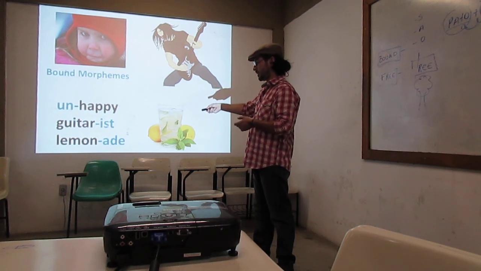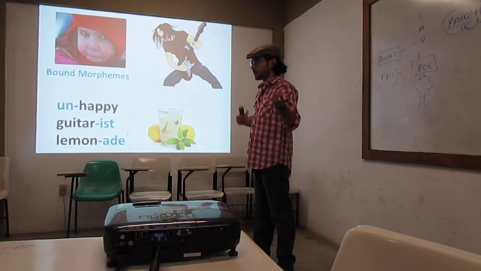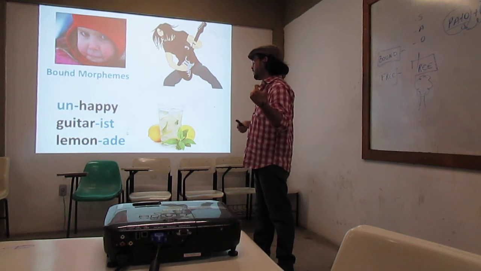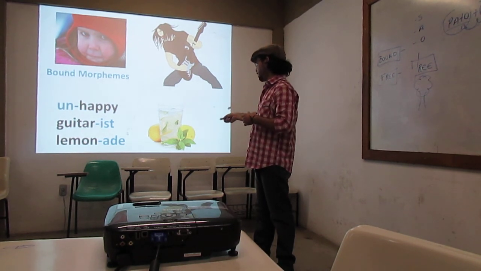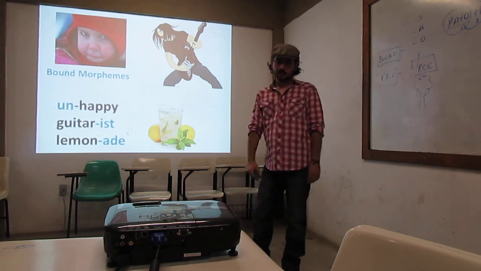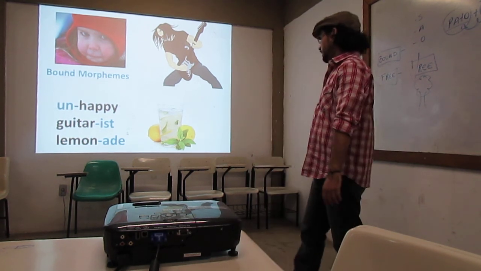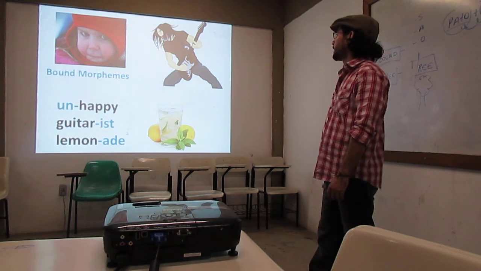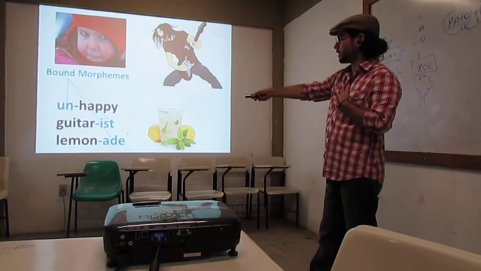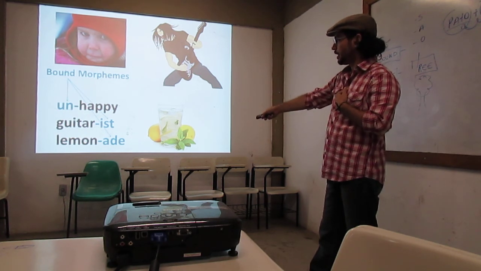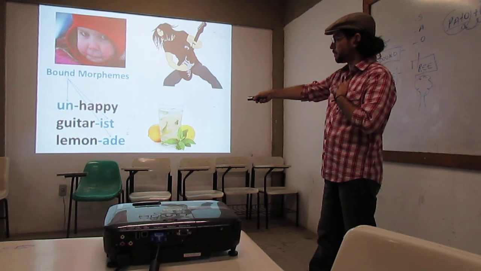Guitar plus est, guitarist, the person that plays the guitar. Lemon, the fruit, lemonade, a product that you can create using that fruit. Kind of joke. So bound morphemes are those particles, and free morphemes are the complete meaning of the word.